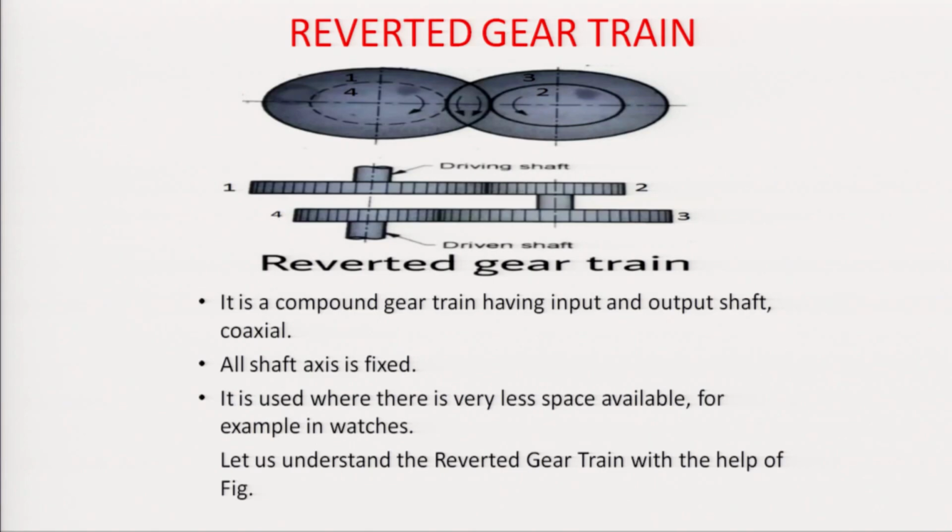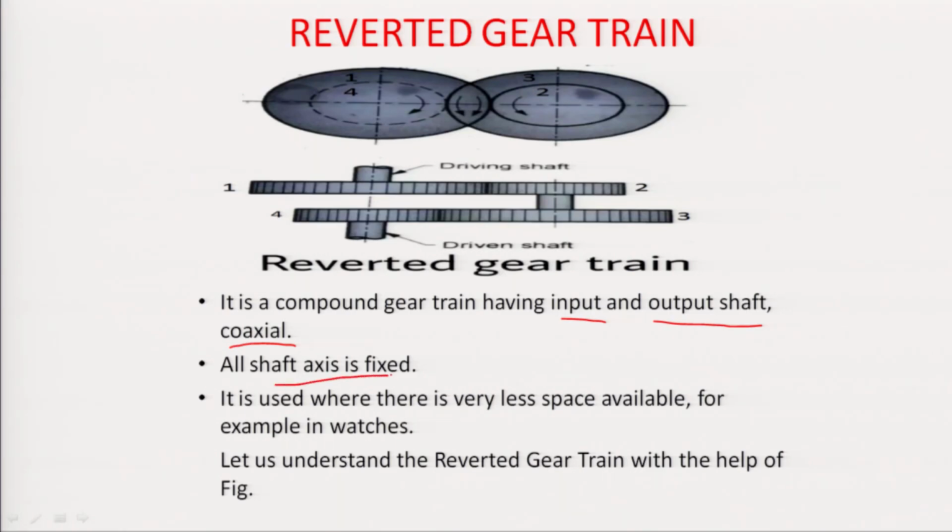Now, the third gear train is the reverted gear train. A reverted gear train is a gear train similar to a compound gear train, having input and output shafts coaxial. Means a reverted gear train is simply a compound gear train, but the only difference is that the input shaft and output shaft are coaxial, lying on the same axis.